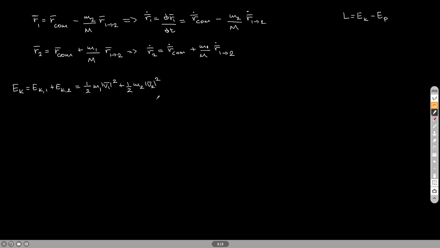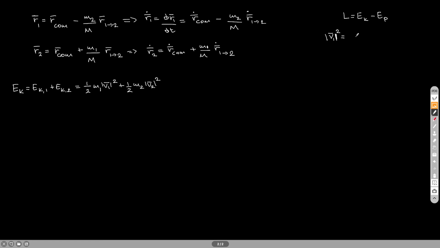Now I'm gonna do a side note here to talk about something that I will use. When I have here, v1 is a vector, okay? It is a velocity, it is a vector, and these two lines mean that I'm taking the magnitude of that vector. Now with the square, of course, what do I have?